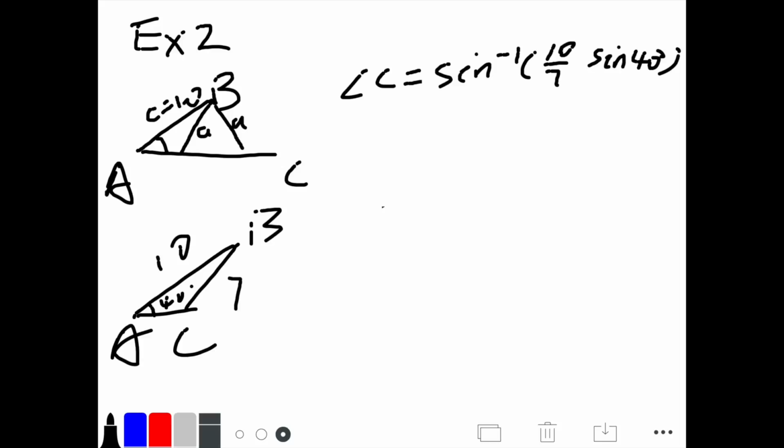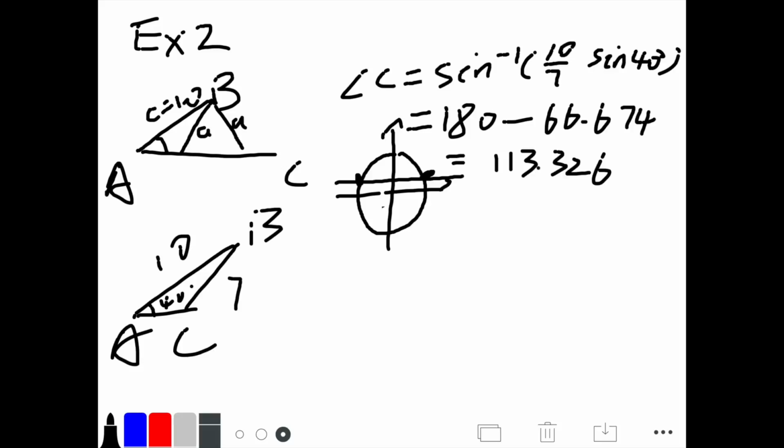Then we still get the same first step, which is angle C equals sine inverse of 10 over 7 times sin 40 degrees. But in the unit circle, we can see in the first and second quadrants there are two angles with the same sine, and actually we are talking about the reference angles.